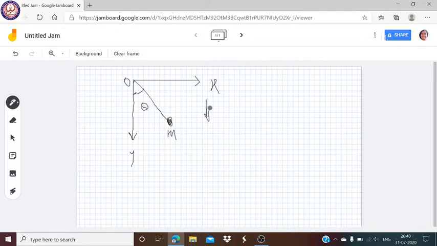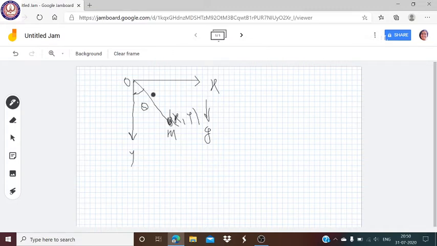And in this way, the gravitation G acts. Now, to describe the position of the bob, what do we need? We need two coordinates, x and y.